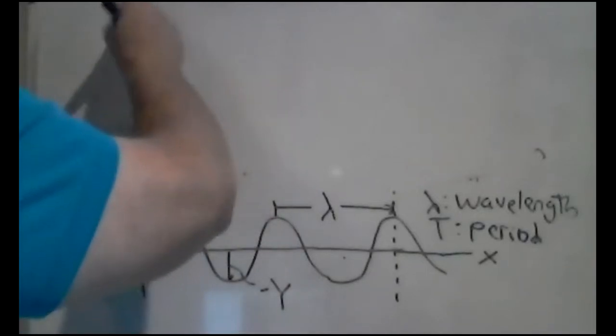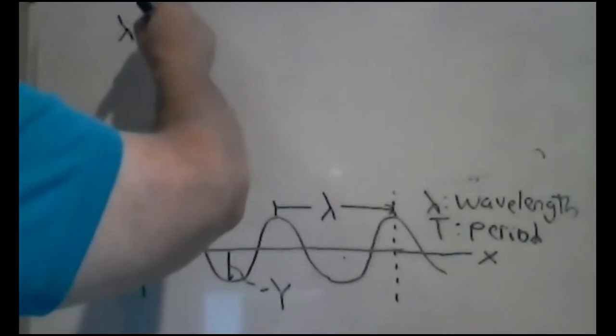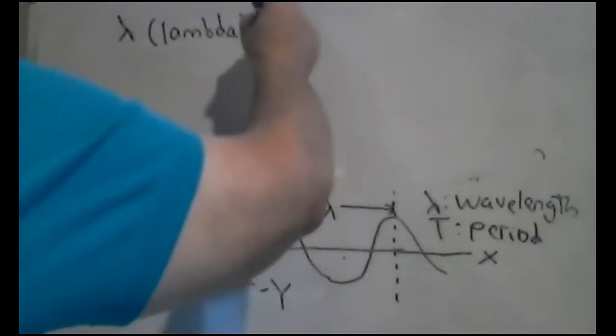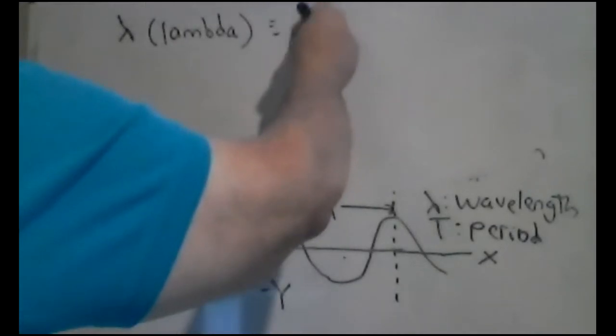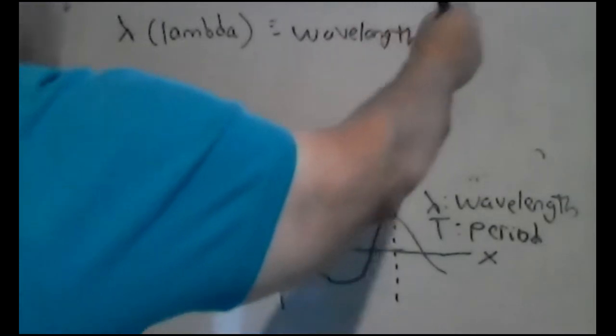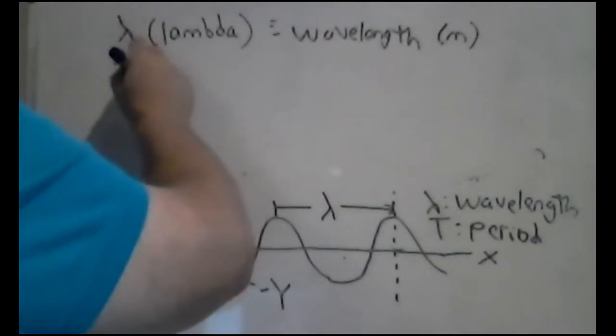Lambda, this is a Greek little l. We call this lambda. That is the wavelength. Typically, we would have that in meters. The time is called the period.